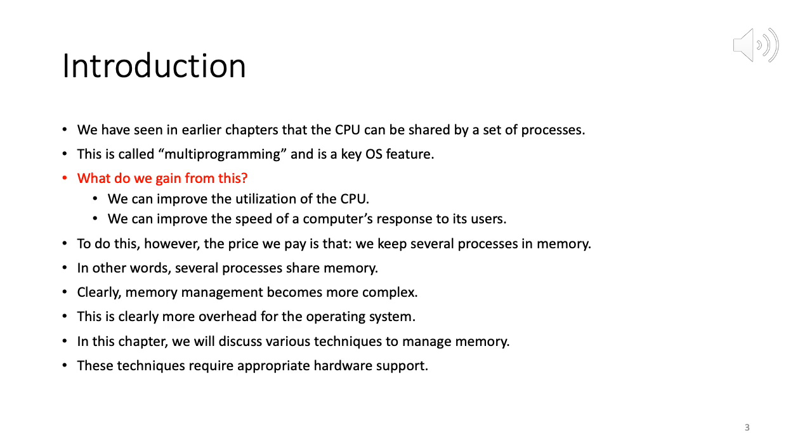What do we gain by using multi-programming? Of course, we improve the CPU utilization. We know that, right? Because if a process does CPU for a while and then goes off to do I/O, without multi-programming, we will not give the CPU to any other process, and we have to wait for the I/O of the first process to complete.